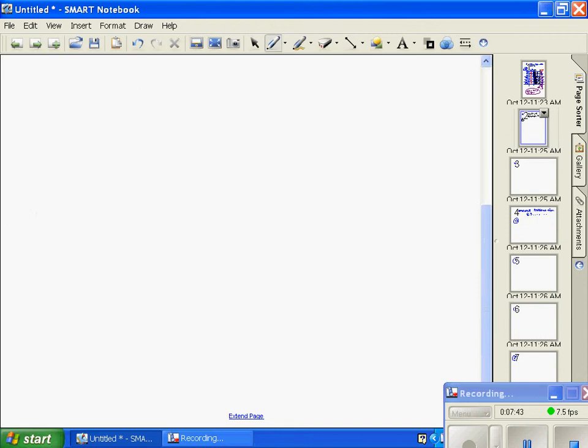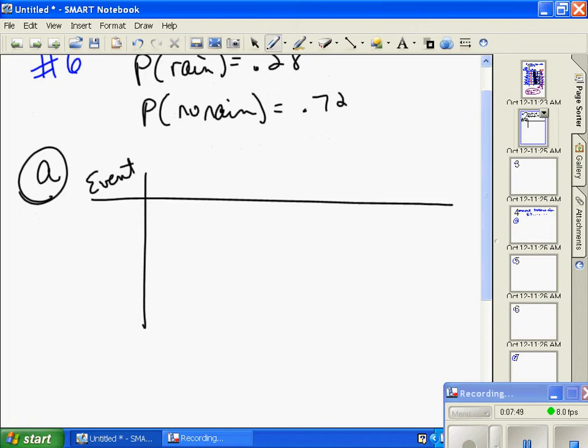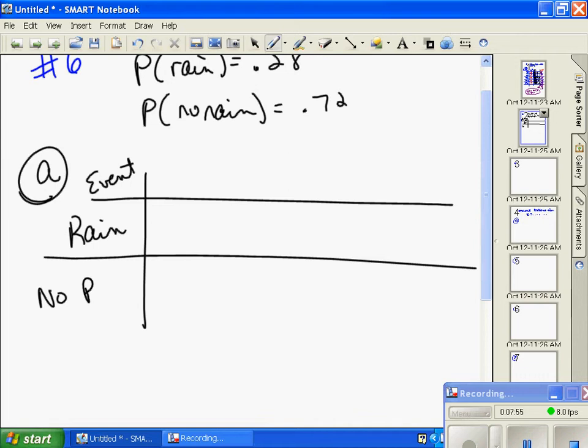So I'm going to make my little chart here. My event, what could happen in this particular problem? Well, it's either going to rain or no rain. Now I think next is my payoff.